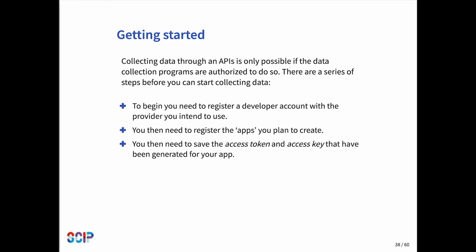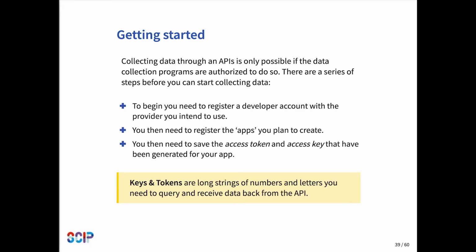Once you've done that, you need to register the apps that you're planning to create. Once you've created an app, then you're issued with an access token and an access key, and these are the bits of information that you will then pass to the API that indicates that you're authorized to use the API and collect data.